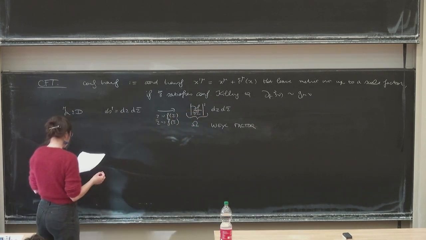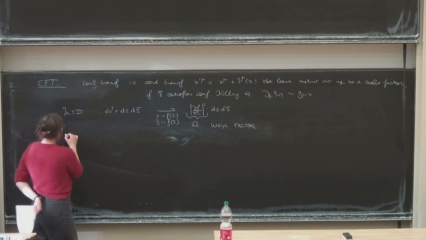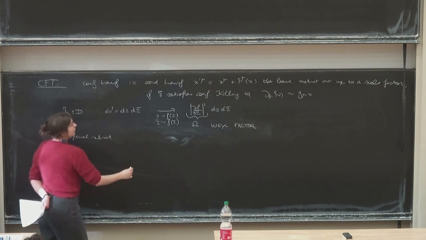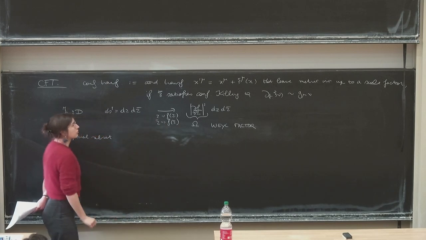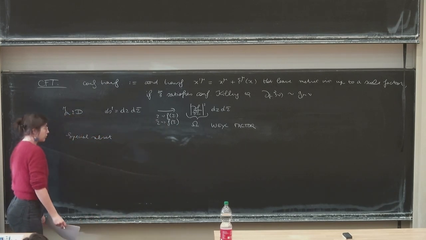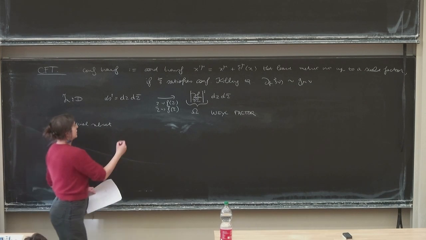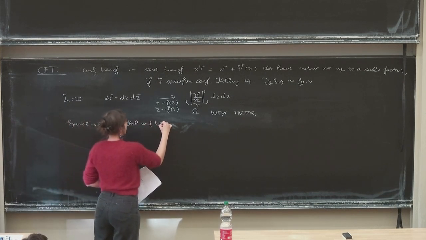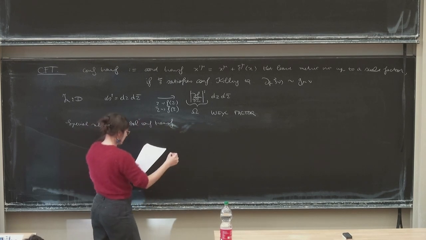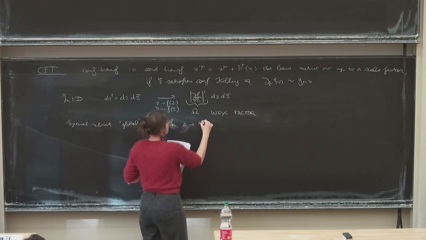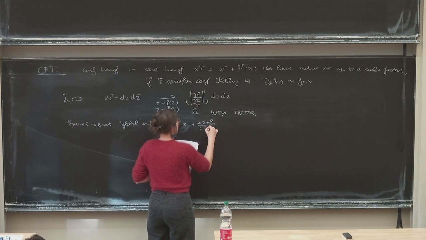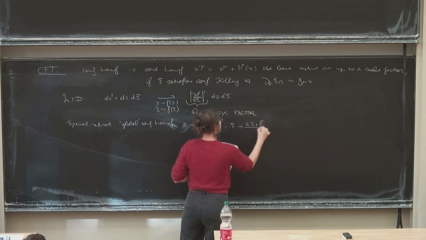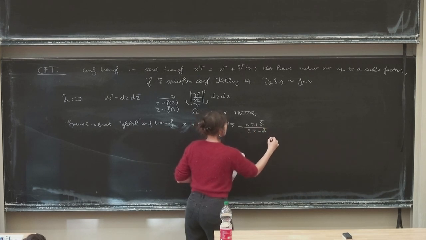Good. So there's a special subset of all these 2-dimensional conformal transformations, which are the so-called global conformal transformations, which are just the Möbius transformations, okay?